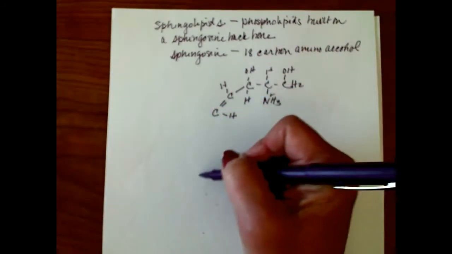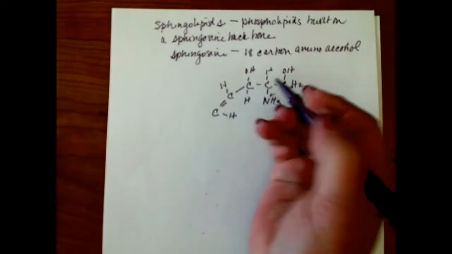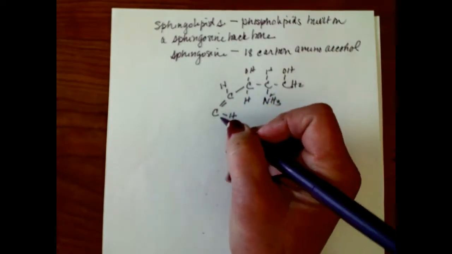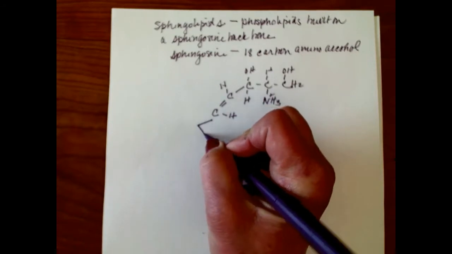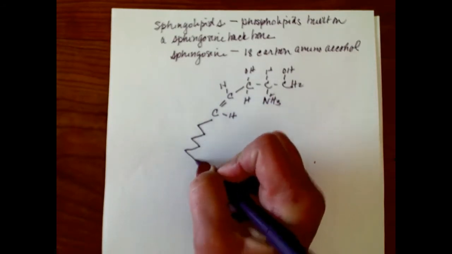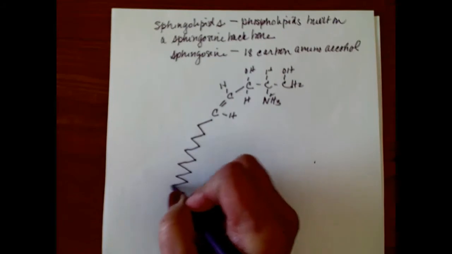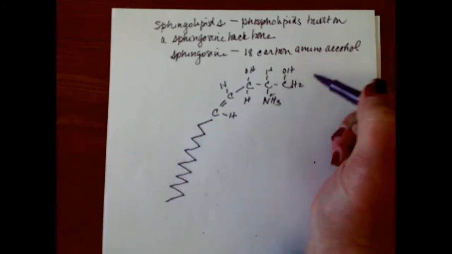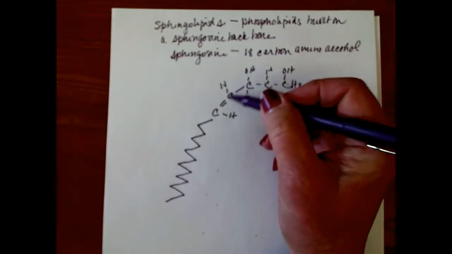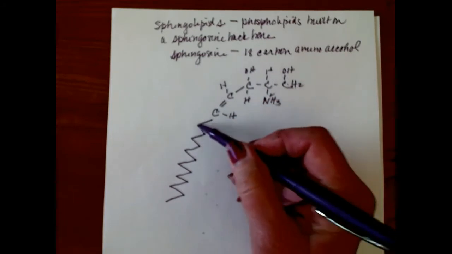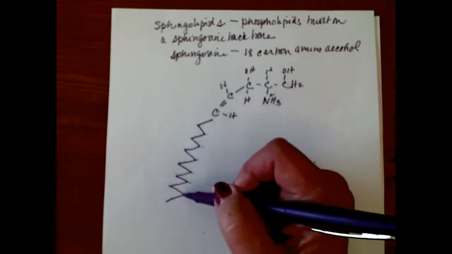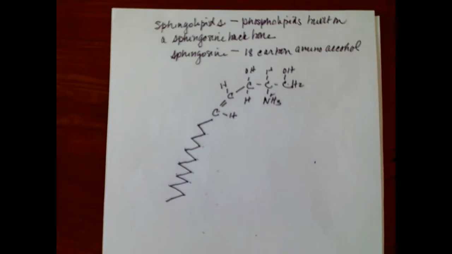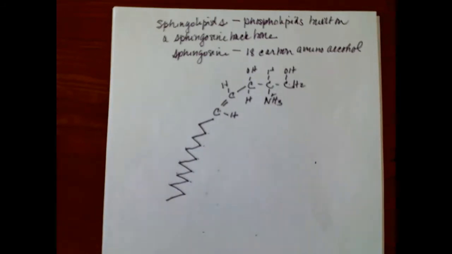And then we have 13 more carbons in that hydrocarbon chain. That should be 18. 1, 2, 3, 4, 5, 6, 7, 8, 9, 10, 11, 12, 13, 14, 15, 16, 17, 18. Okay, got 18 carbons there. 13 carbons after that double bond.